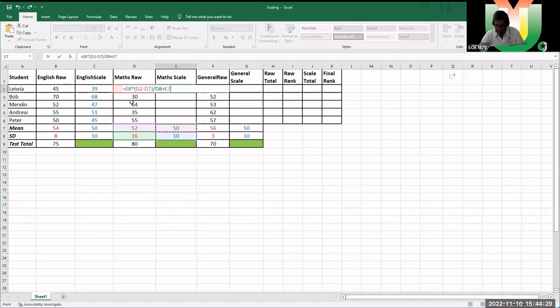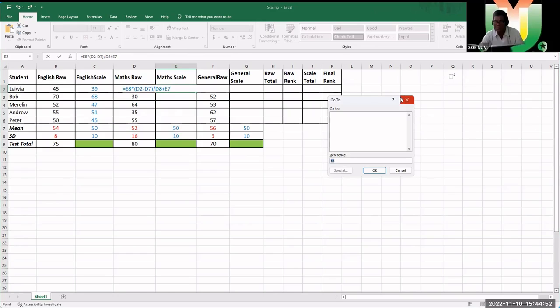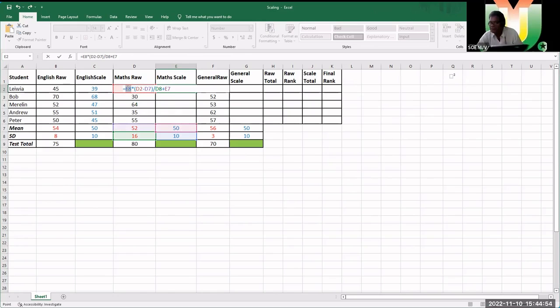Okay, but we already know that if we want to duplicate the formula across all the remaining children here, then we need to do the same thing. So we highlight E8, which is the common 10 standard formula, and we press F4.